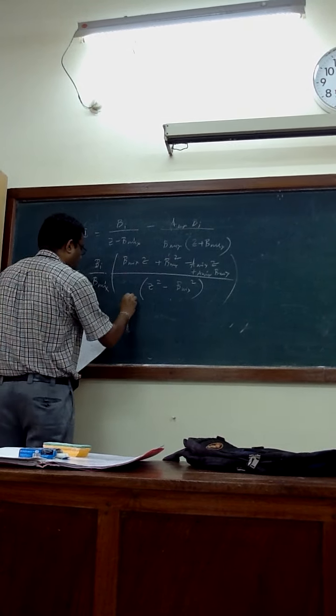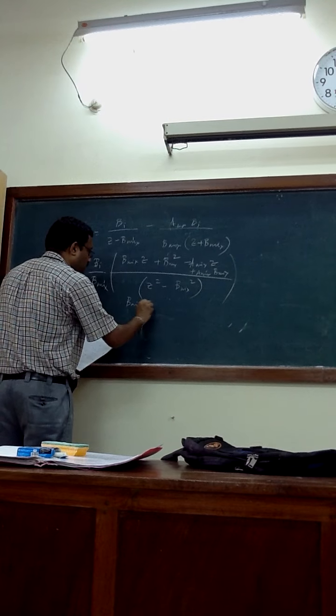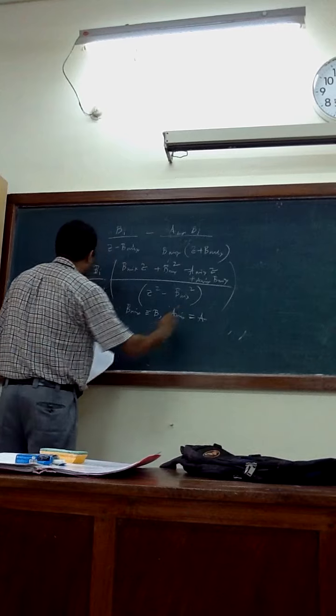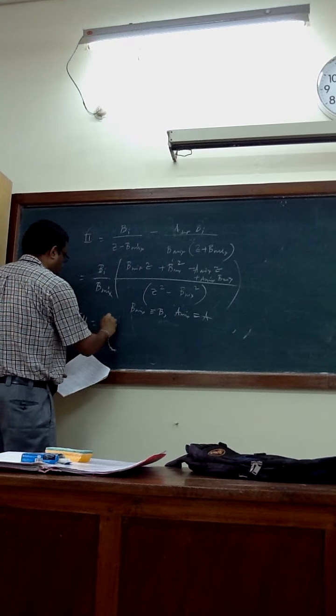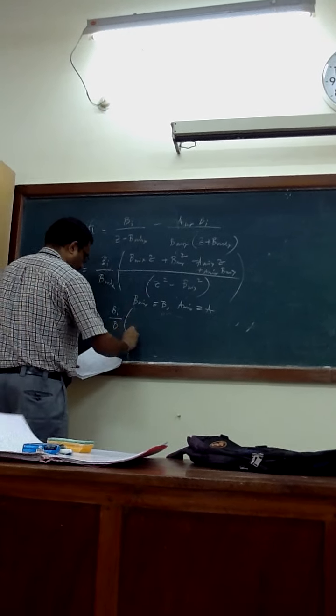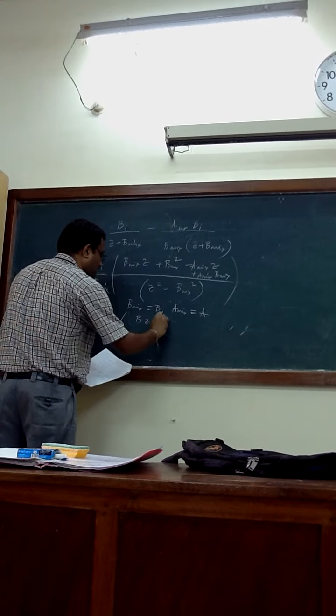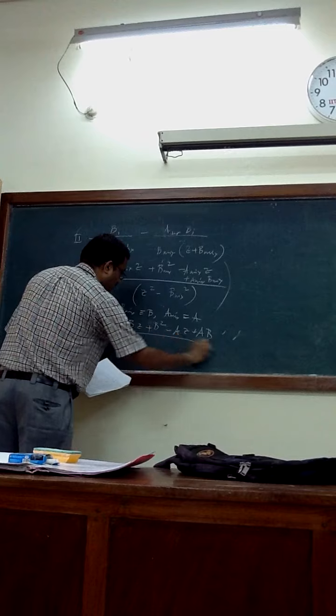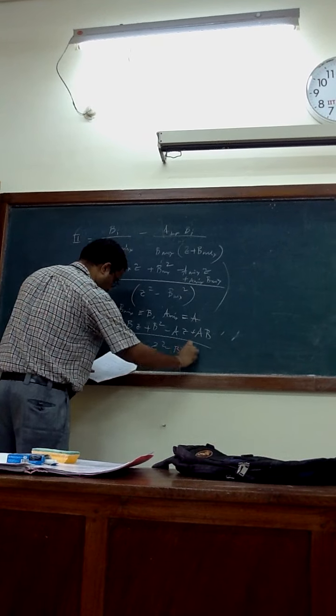I am denoting B mix as B because I am sick and tired of writing A mix. I can say A. So my second term is B i by B, times (B Z plus B square minus A Z plus A B) by (Z squared minus B squared).